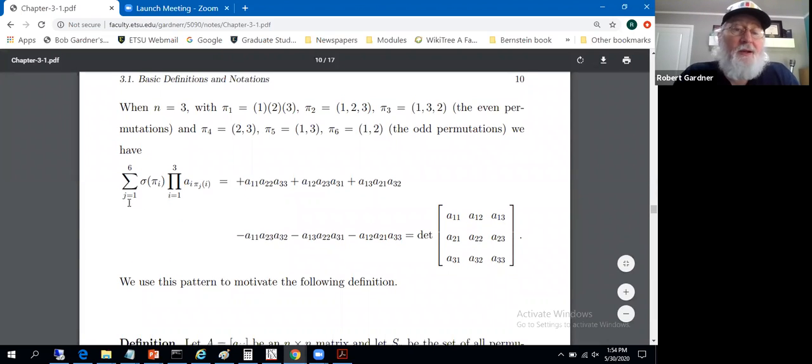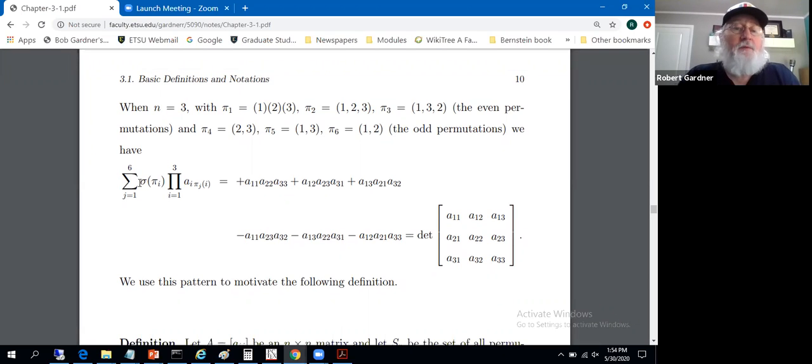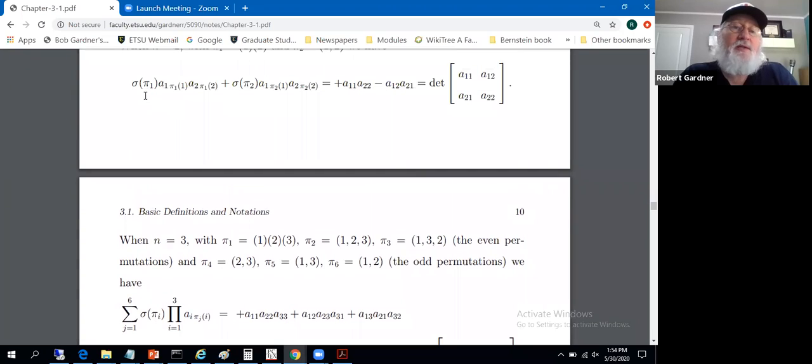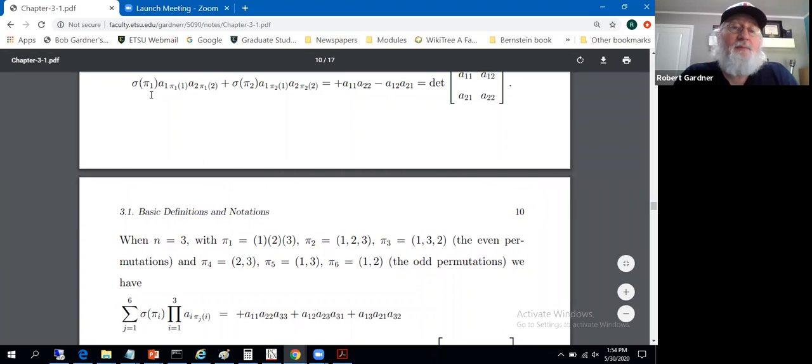So we're going to add up from 1 to 6 over all 3 factorial of those permutations, sigma of pi sub I, sigma of pi 1 through sigma of pi sub 6. And as we did in the case n equals 2, we're going to take that plus or minus 1, sigma of pi sub I, and multiply it by a1 something, a2 something, a3 something in this case. And the something is determined by the permutations.